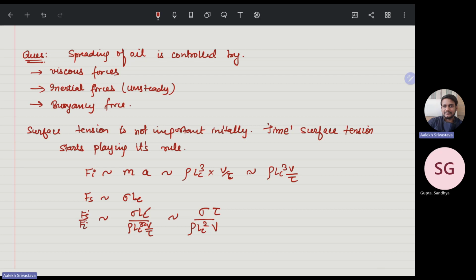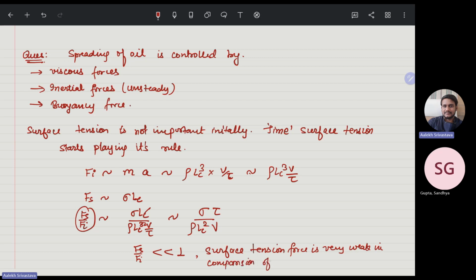Now, when this term, that is Fs by Fi, is less than 1, that means your surface tension force is very weak in comparison to the inertial term, then surface tension is not important.